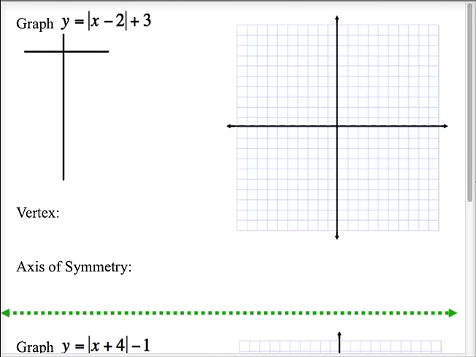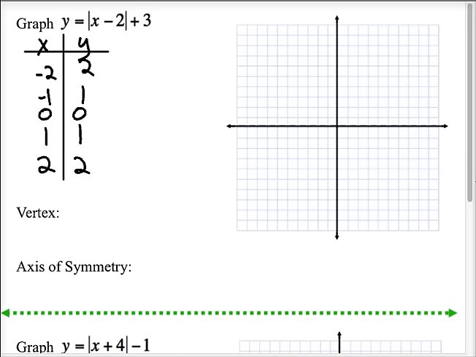So let's take a look at this. So we want to graph that function. So all I see are translations. A translation 2 to the right and 3 up. But I'm going to start with my x and y. Again, the table is really easy to make.